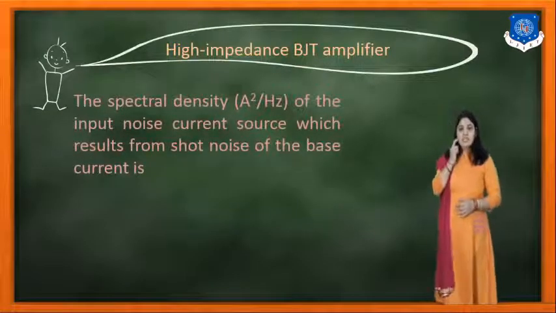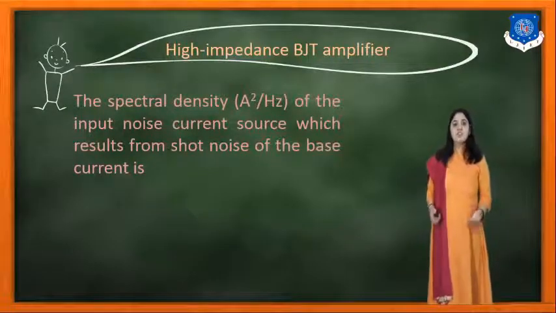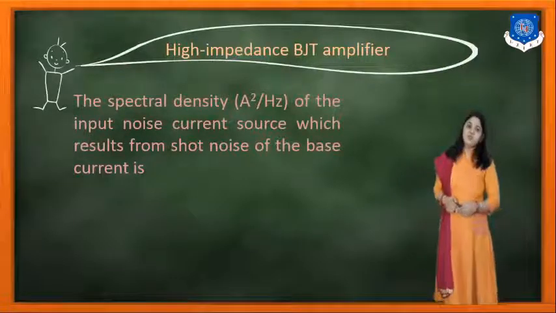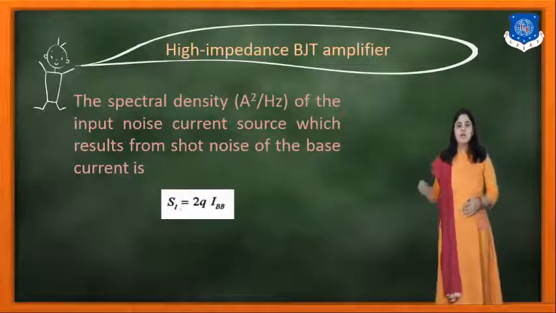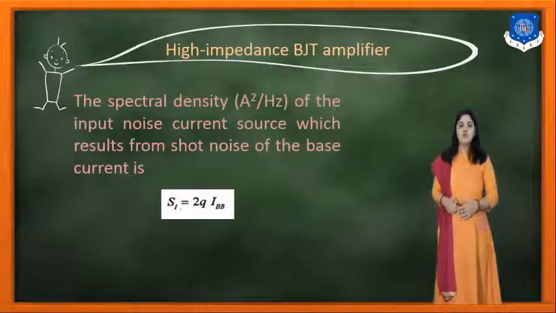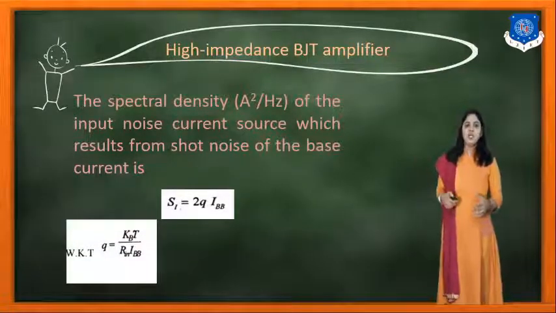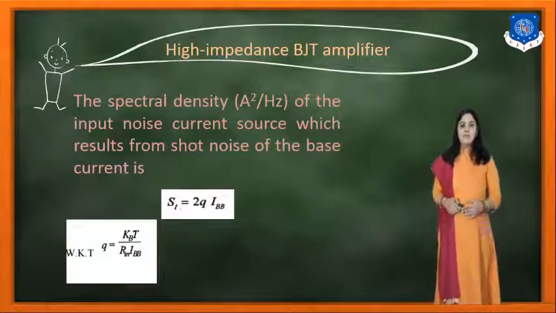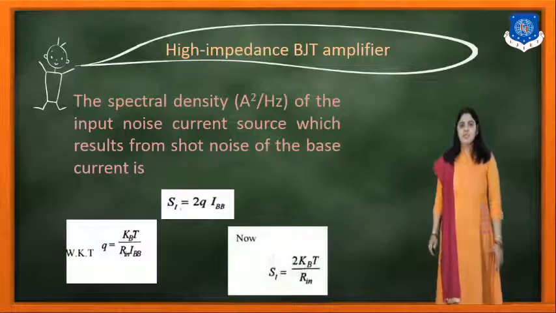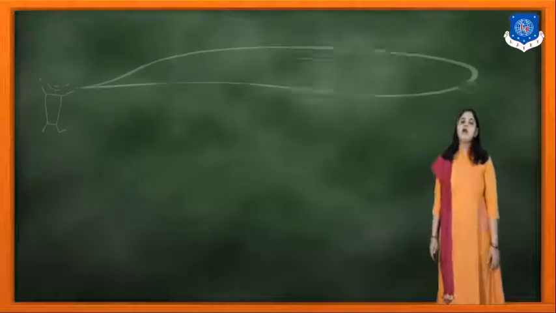The spectral density, expressed in ampere squared per hertz, of the input noise current source, which results from the shot noise of the base current, is given by S_I equal to 2q I_BB, and with q equal to kBT upon Rin into I_BB, therefore S_I is equal to 2kBT upon Rin.